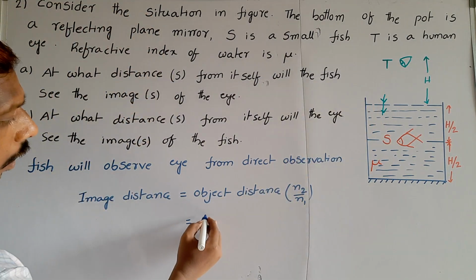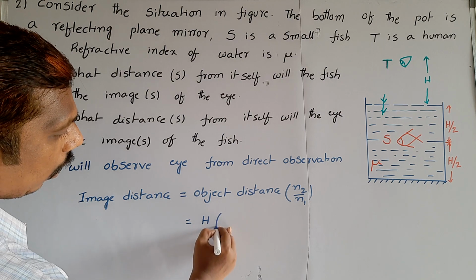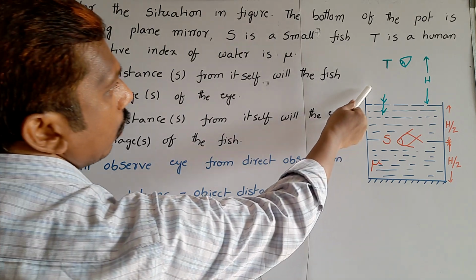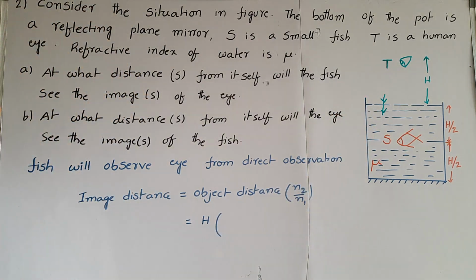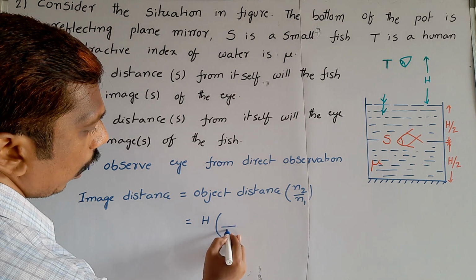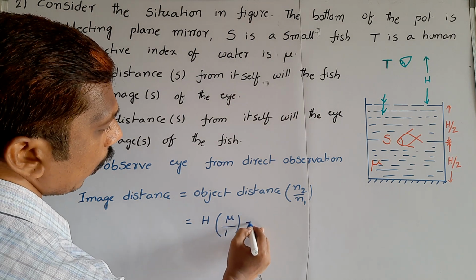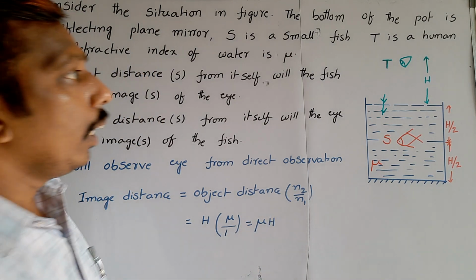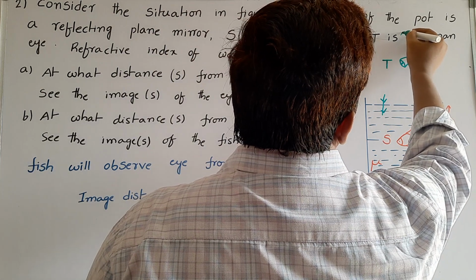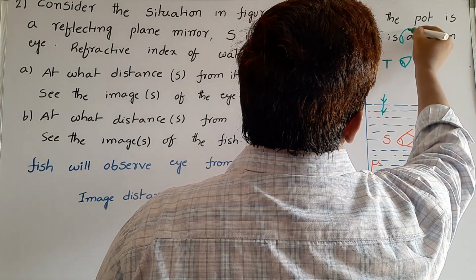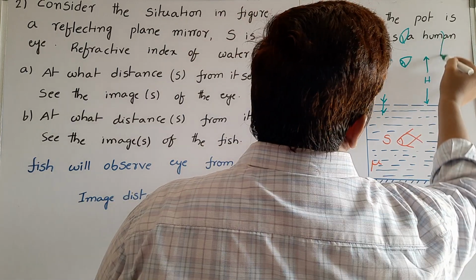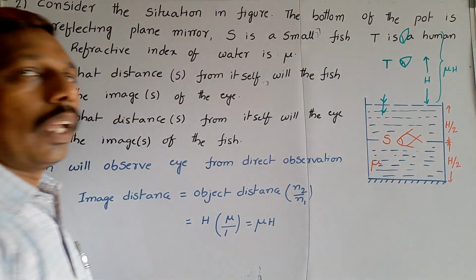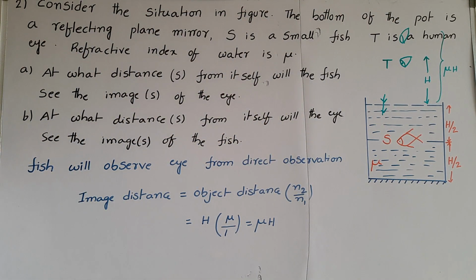So image distance is equal to object distance, which is at a height of h meters from the water surface, into n2 by n1, the refractive indices of air first and then water entering. So n1 is equal to 1 and n2 is equal to the given mu, which is equal to mu h. So that means the image of the eye is formed at a height of mu h from the water surface, directly observed by the fish.